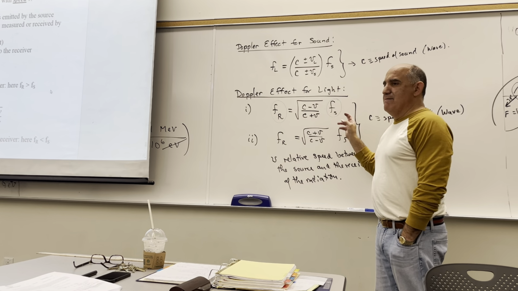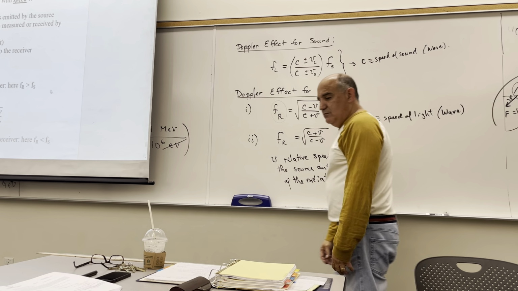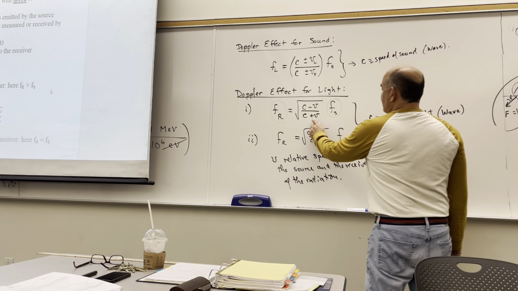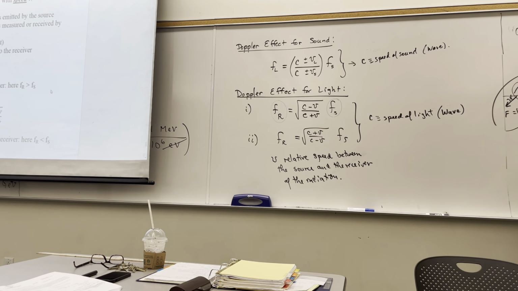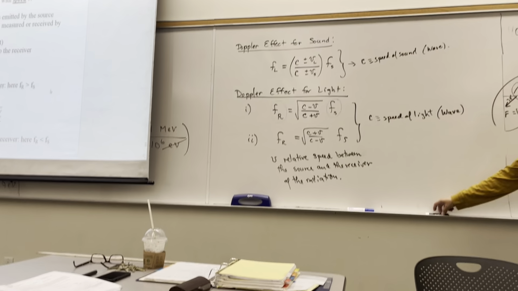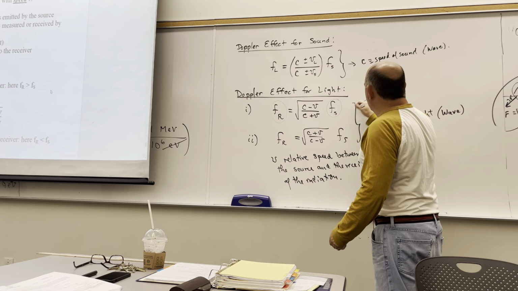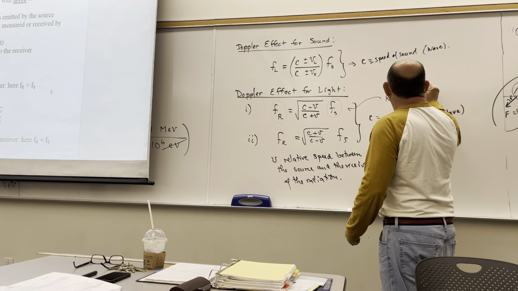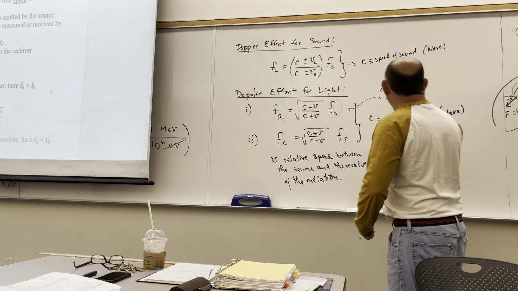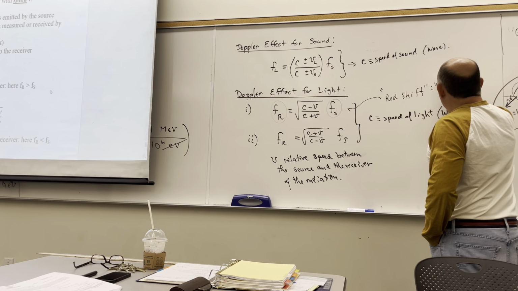So in this case, if the source of the light is receding, moving away, the frequency that you pick up is associated with what's called a redshift. So this is when the source moves away from the observer.